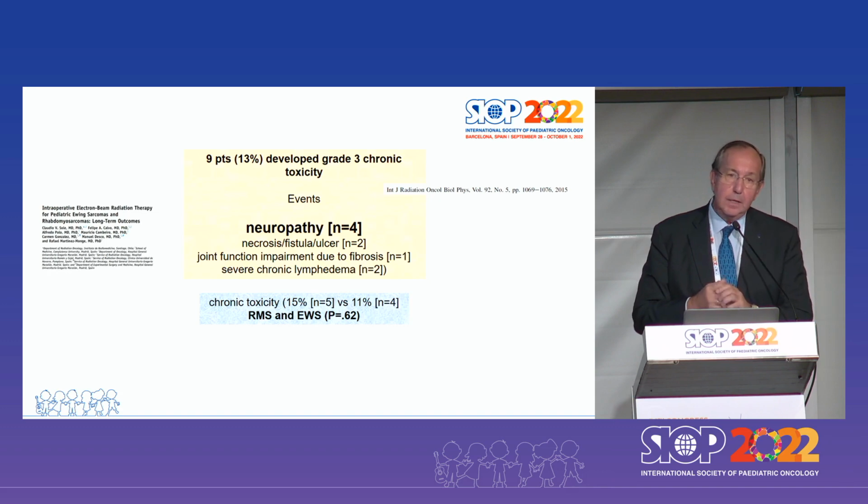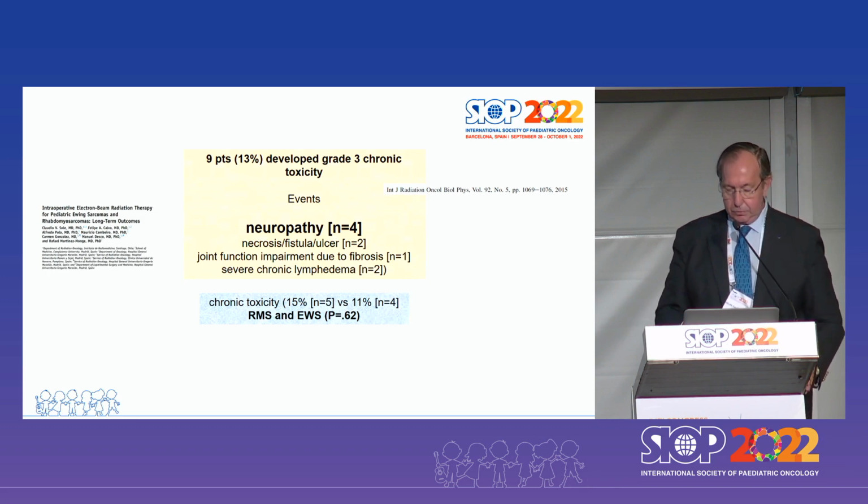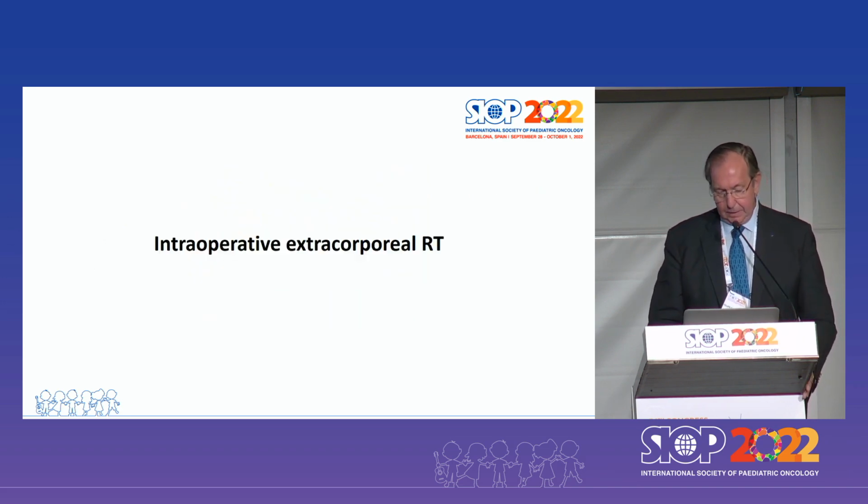And we find a new feature that was not easy to see with fractionated external beam radiotherapy only, which is peripheral neuropathy. It is not uncommon to see in the intraoperative literature a description of peripheral neuropathy after the use of intraoperative electrons or brachytherapy as a dose escalation approach. This is something special.